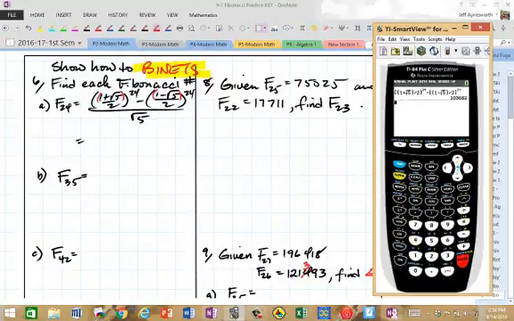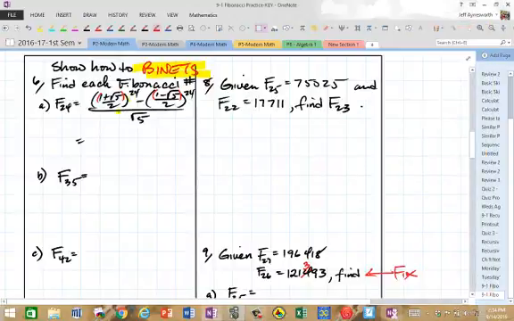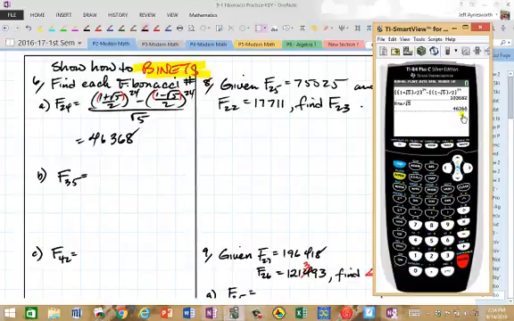I'm going to take that result and divide it by root 5. And I get 46,368. Let me just double check that. 46,368. There you go.